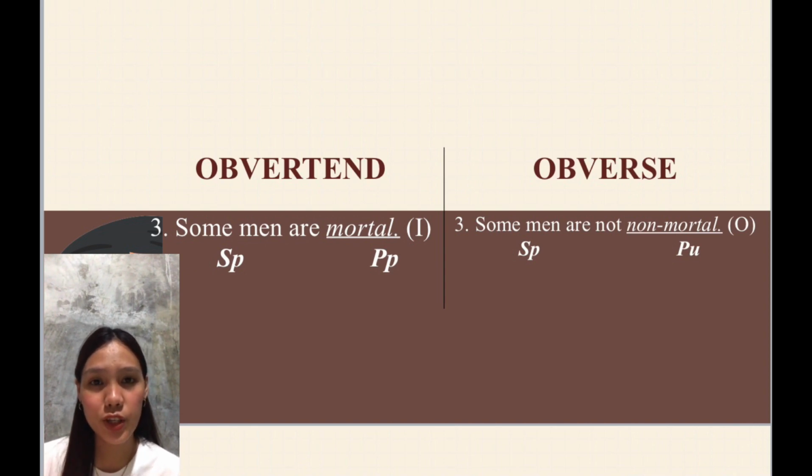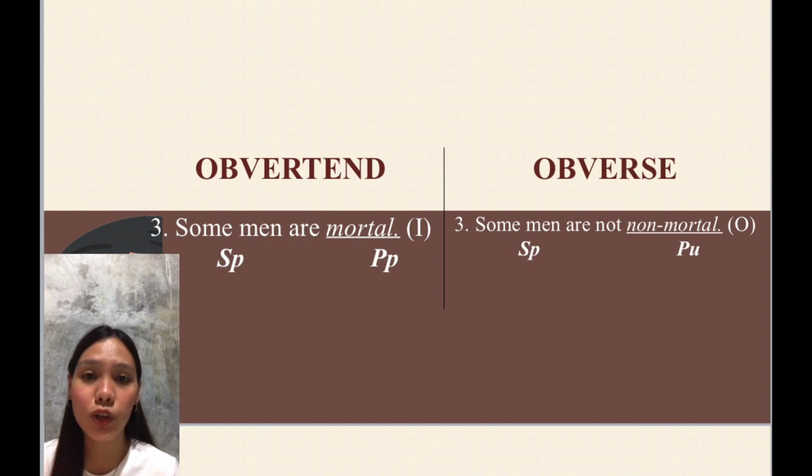Next, the obverse would be a negative proposition as the obvertend is an affirmative proposition. Finally, according to the fourth condition, the obverse would be particular as the obvertend is particular. Therefore, we conclude that the obverse of an I proposition is an O proposition.